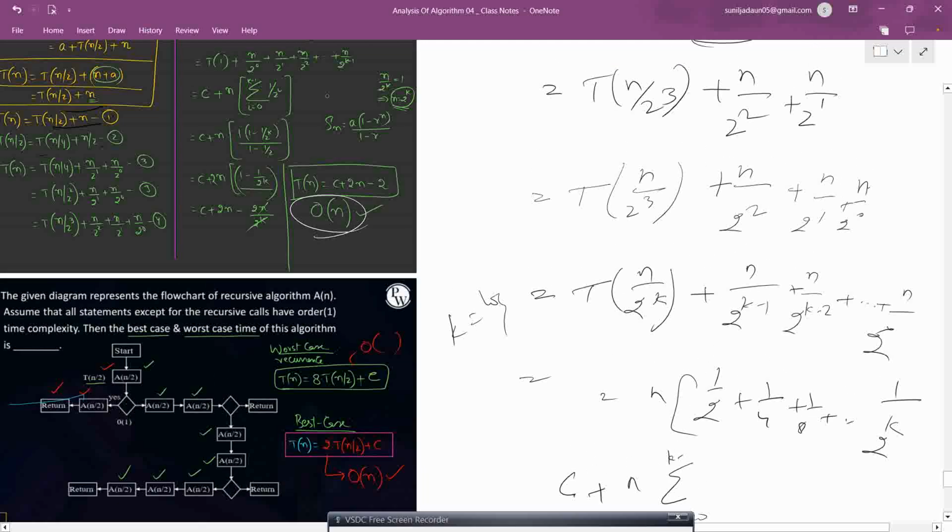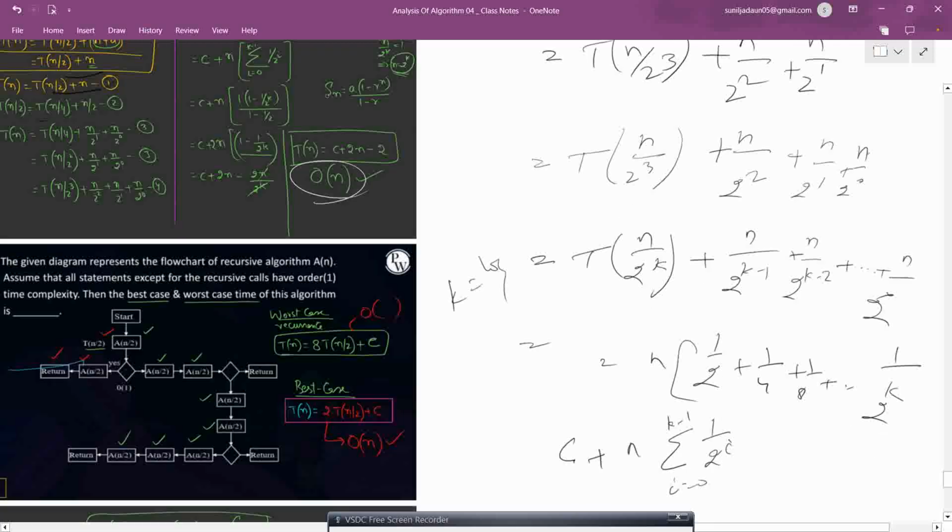K minus 1, 1 upon 2 to the power i. Say harmonic.